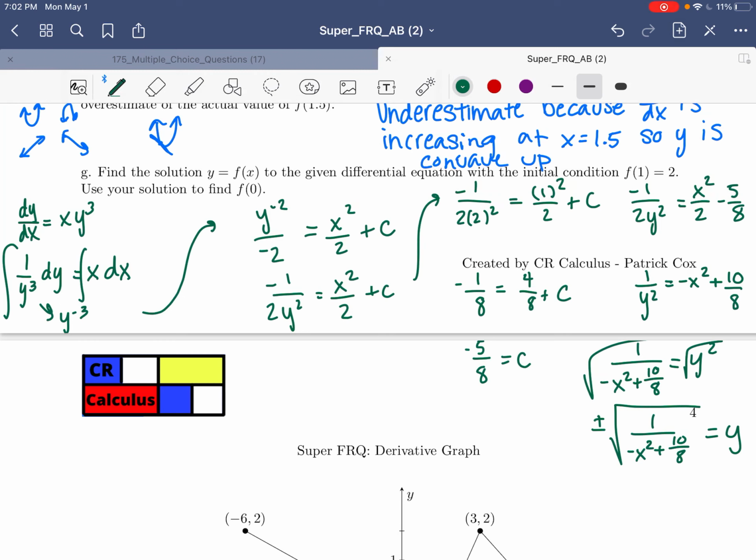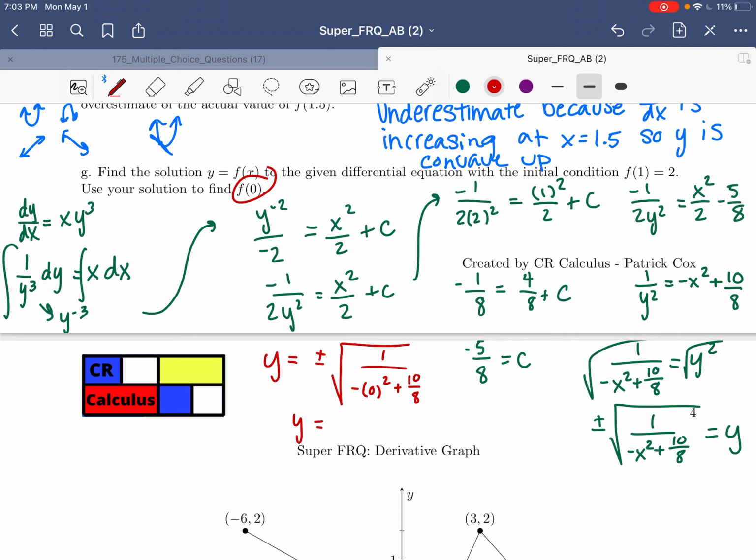And then I need to approximate f of 0. That's this next part. So that just means I'll replace the x with 0. So that's going to be y equals plus or minus square root of 1 over negative 0 squared plus 10 over 8.